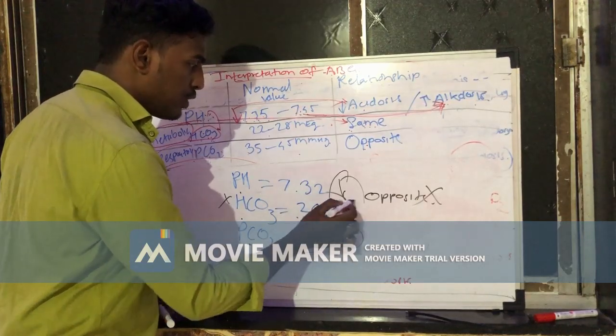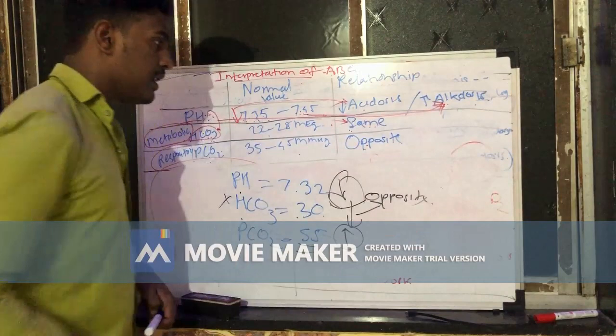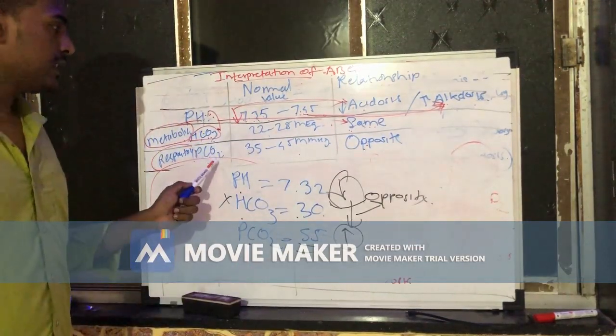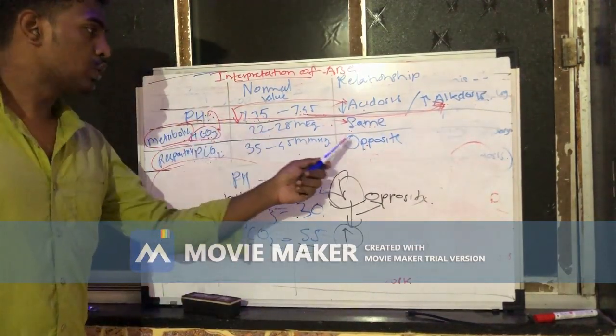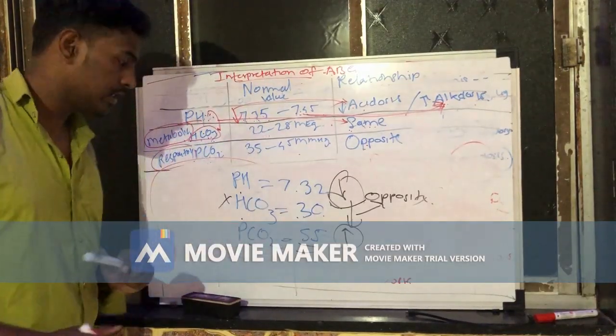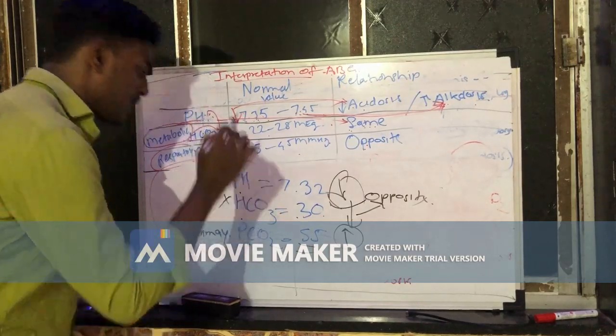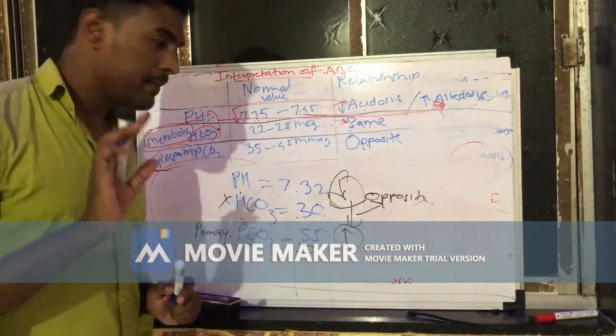Opposite relation. What does the chart say? PCO2 and pH should show opposite relation. Yes, it's showing the opposite relation. So this is my primary component. So my PCO2 is my primary component.